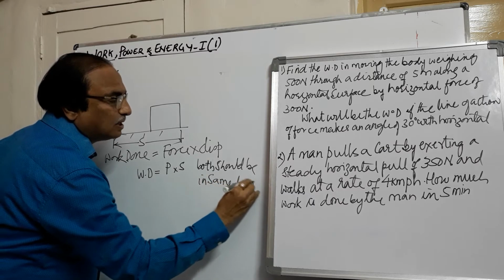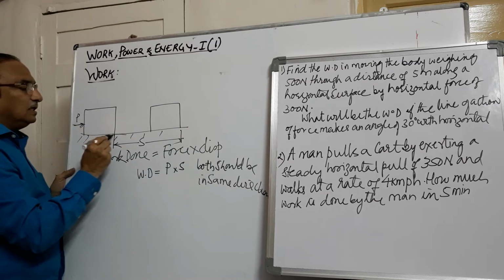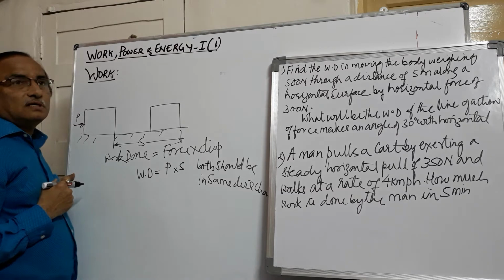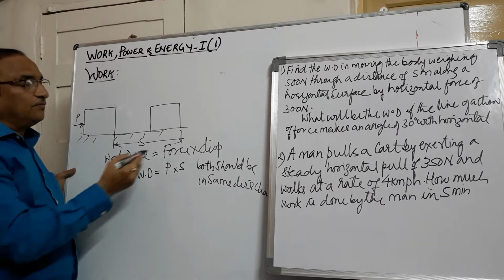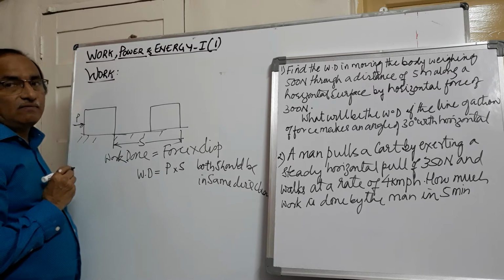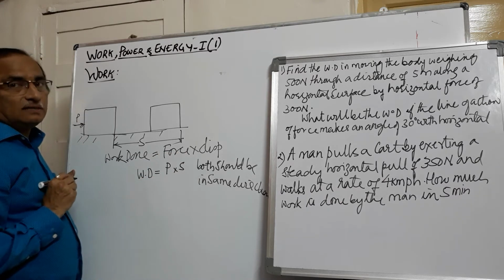This part is important. Same direction in the sense that if the force is horizontal, the displacement is also horizontal. So work done is defined as the product of force into the distance for which it is traveling, and force and the displacement should be in the same direction.